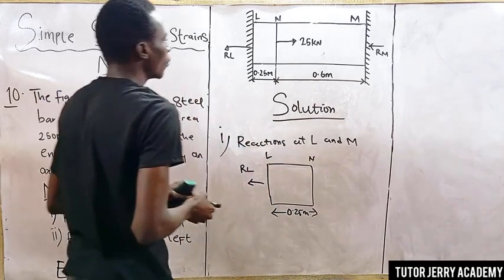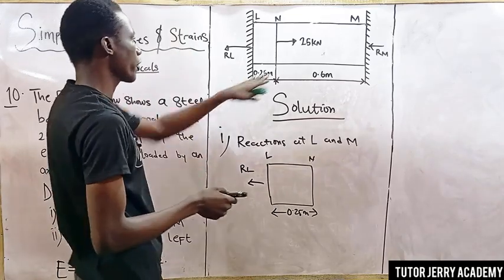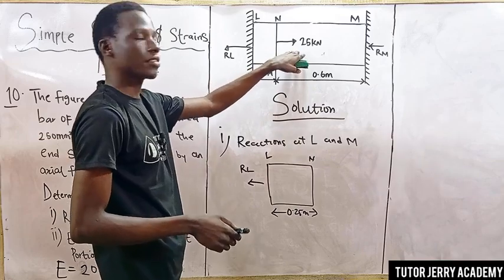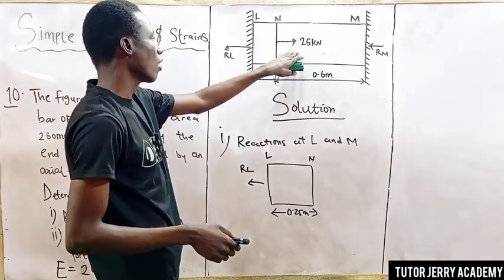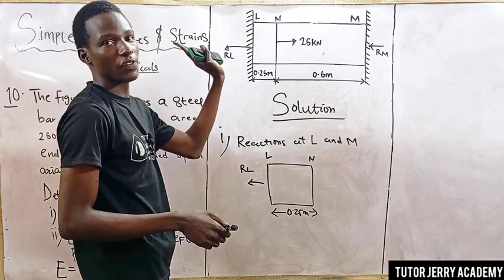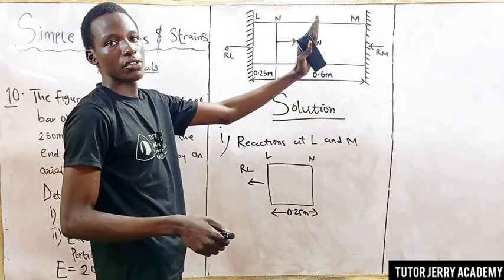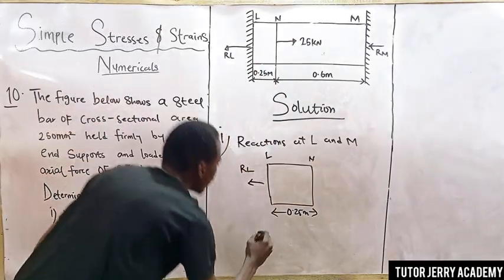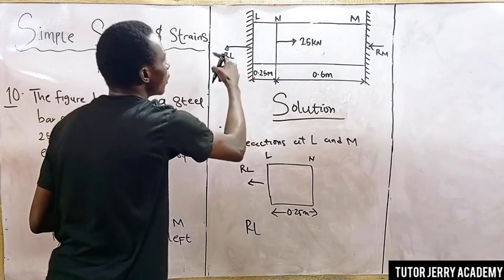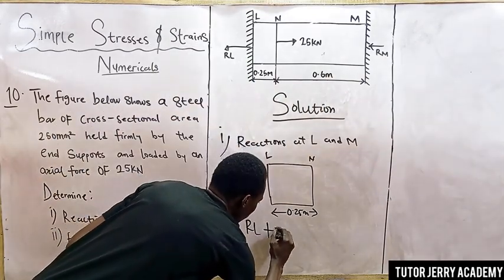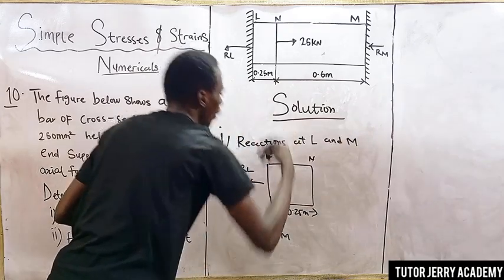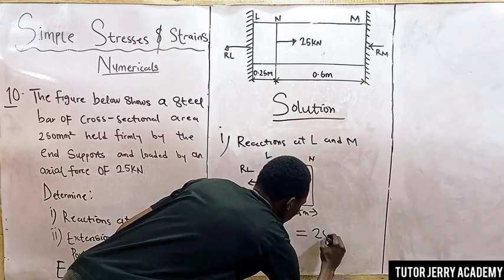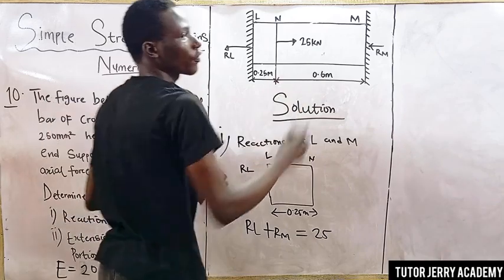Of course, now from here, if you consider this bar to be in equilibrium, we know that the forces to the left-hand side must be equal to the forces to the right-hand side. That is, their summation must be equal. So what I'm saying is this: we are having RL to the left. If I add it with RM also to the left, it must be equal to the summation of all the forces to the right.